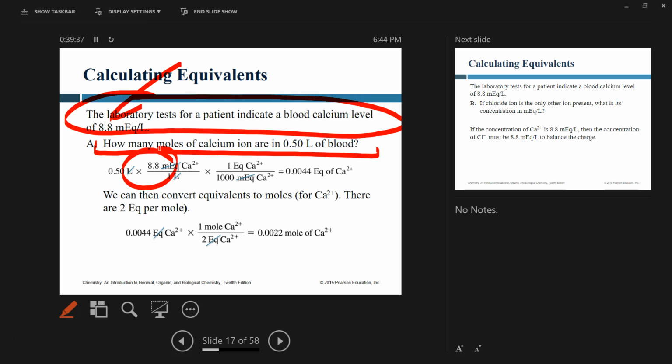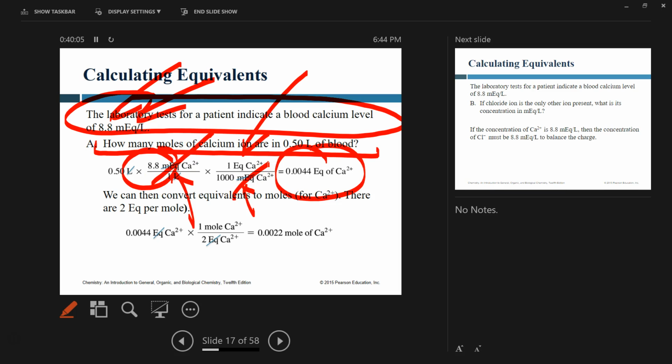Does that make sense? And then, since this is milliequivalents, and to convert it to the moles, we need equivalents without milli, we need to move from milliequivalents to equivalents of calcium. So the conversion factor here would be 1 equivalent per 1,000 milliequivalents.